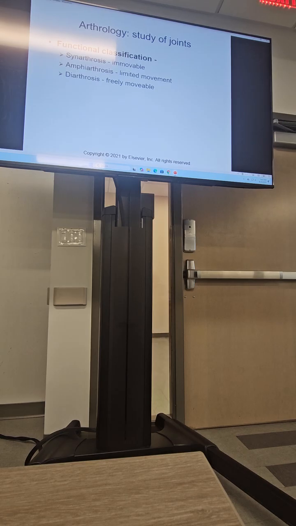Amphiarthrosis is limited motion, and diarthrosis joints can do whatever they want. They are freely movable joints. There are different types of these joints, in how they move, but still, like a shoulder, of course, diarthrosis is freely movable. This is the functional classification, meaning motion.